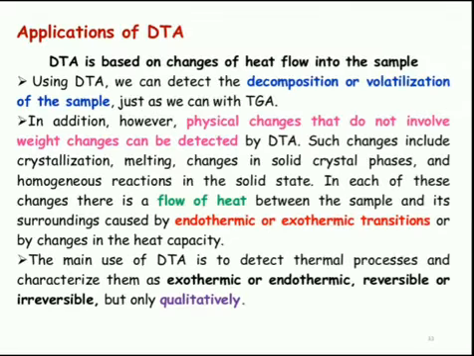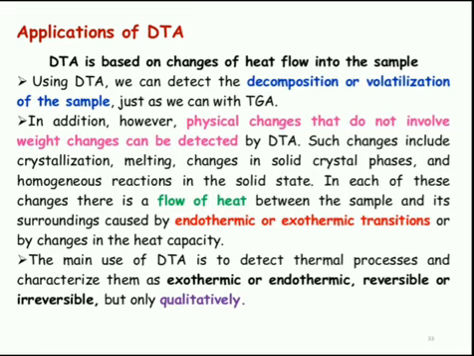Now we know the principle behind DTA and the instrumentation behind differential thermal analysis. Now we shall see some of the applications of differential thermal analysis. The major application of DTA is very useful in the identification of dyes, and melting points can be easily determined.